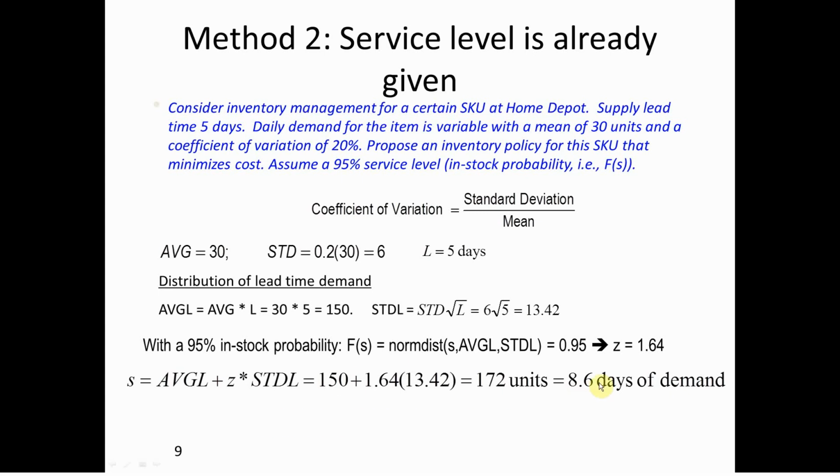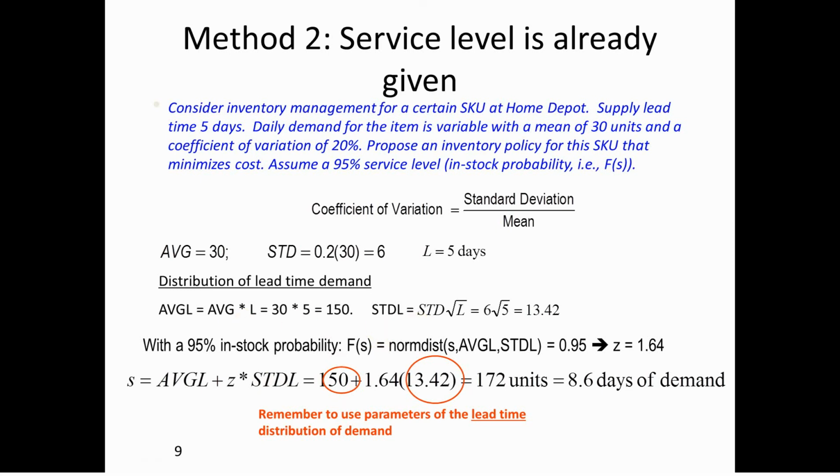Don't forget to use the parameters of the distribution over the lead time. When you're calculating the base stock, you need to use the average over the lead time and the standard deviation over the lead time. And remember, it's calculated in this funny way because it's compounding over the lead time.